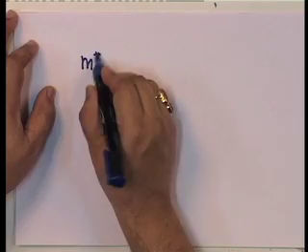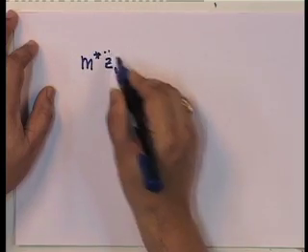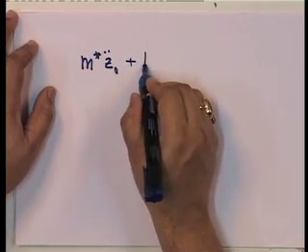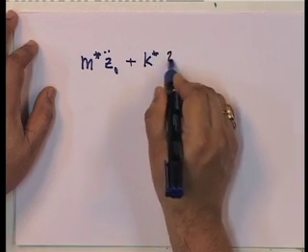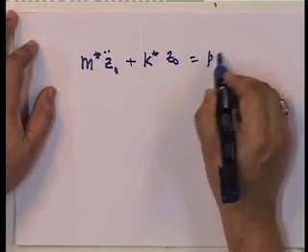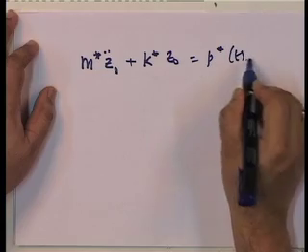Note that this is very interesting, because I can now write this as a problem of the following nature: m0 z plus k0 z is equal to p star.